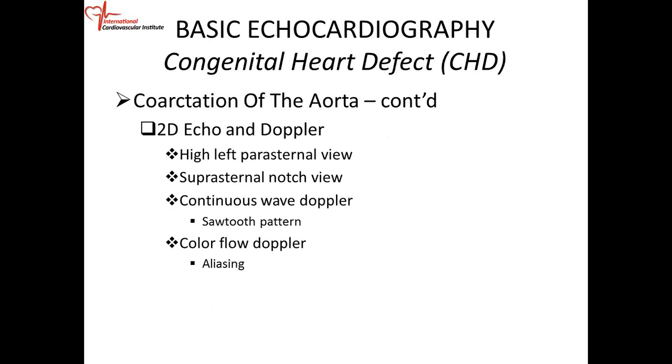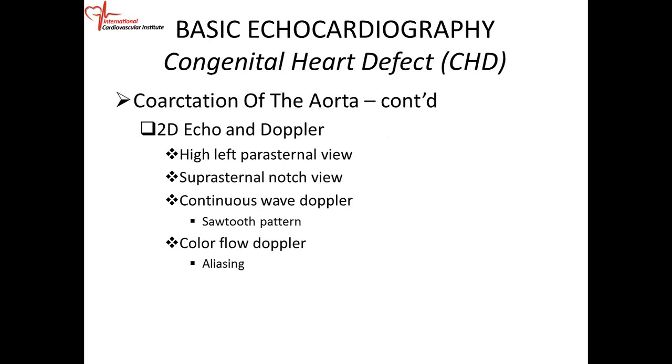And then you put your Doppler in. You put your PW in first, and then if there's significant narrowing, you're going to get an increase in velocity. You're going to get aliasing. Then you put your CW in, and you have to look at the velocity. Remember, normal velocity is probably 1 meter per second.